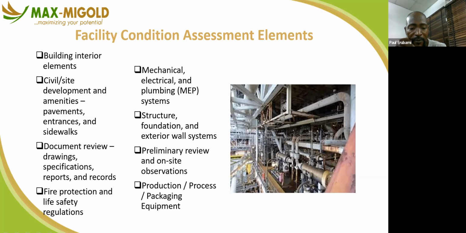your audit physically. Then part of the elements is your production, your process, your packaging equipment. These are all elements of your what? Facility condition assessment. These are all areas where you can carry out your assessment as far as facility management is concerned.